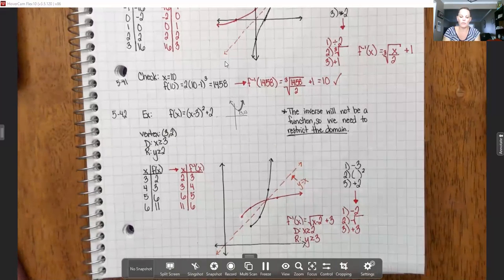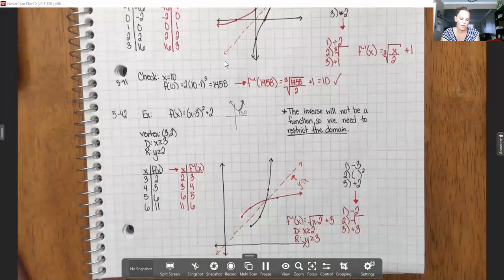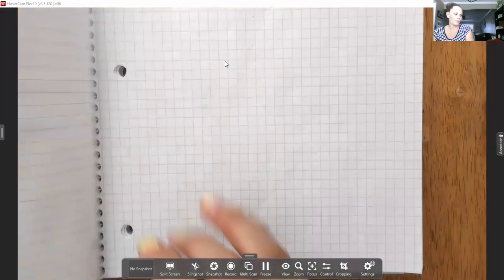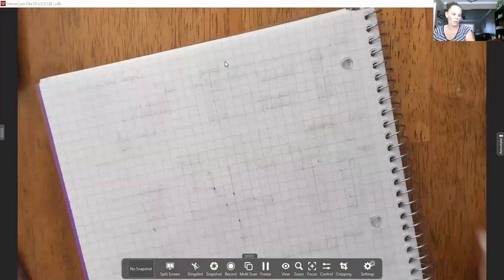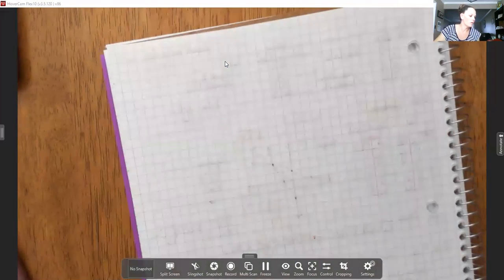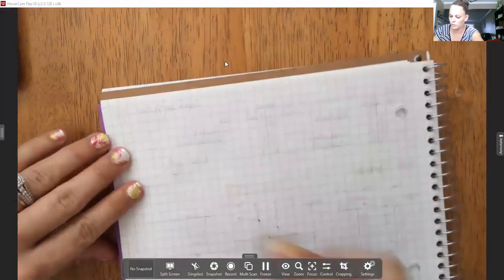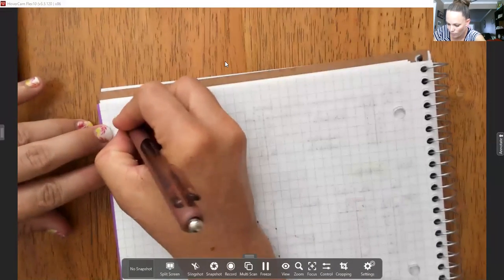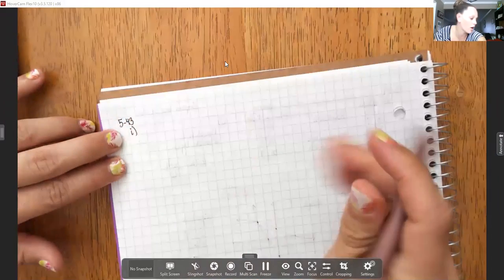All right, I'll leave it there for a couple seconds before I flip the page. So I'm just going to copy the equations down.